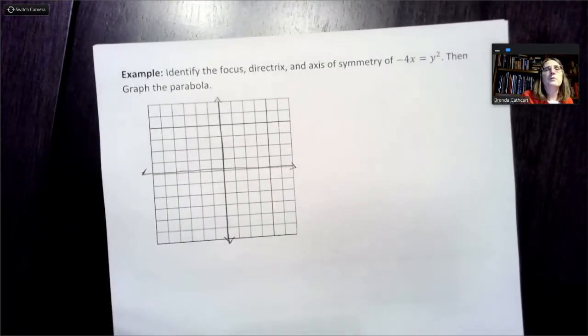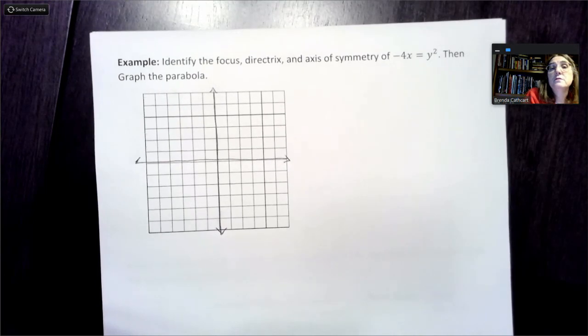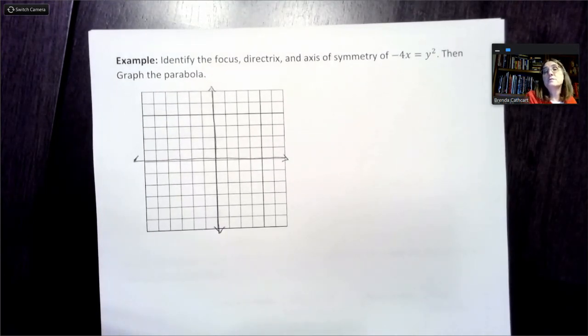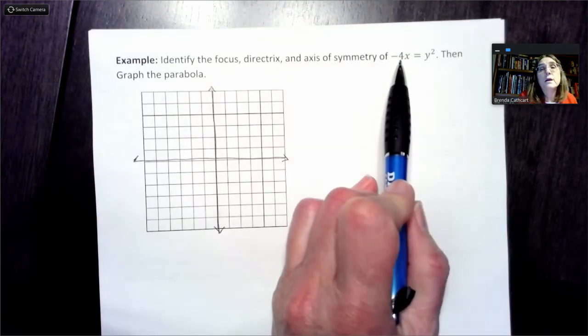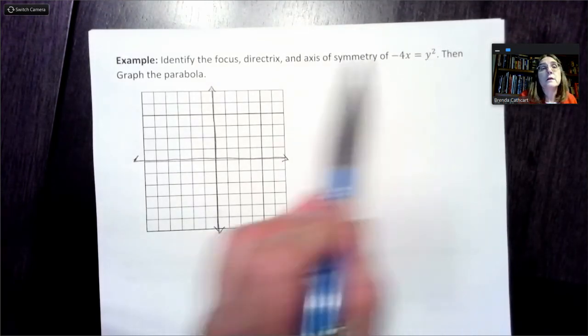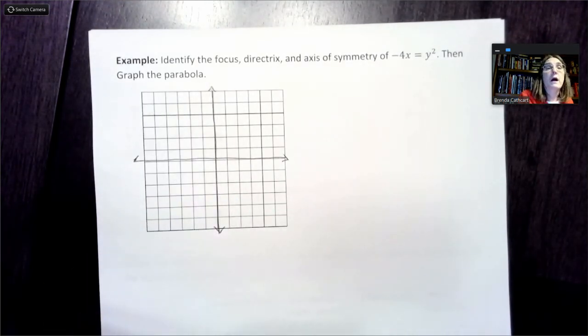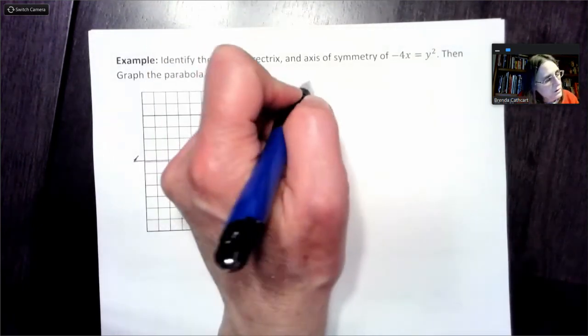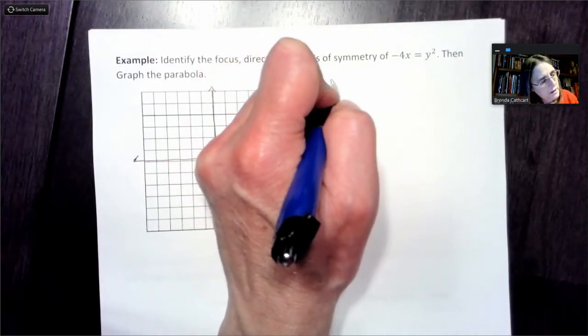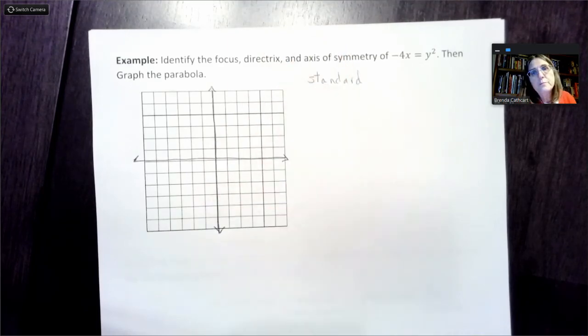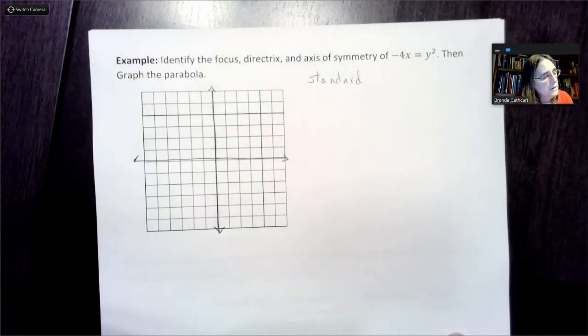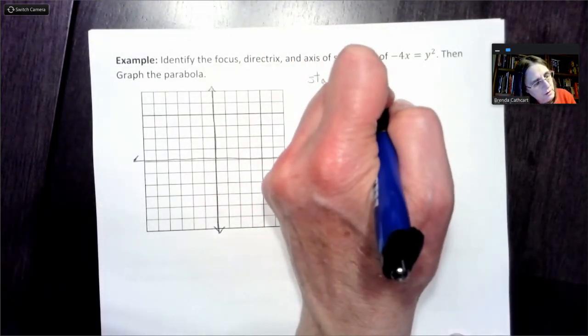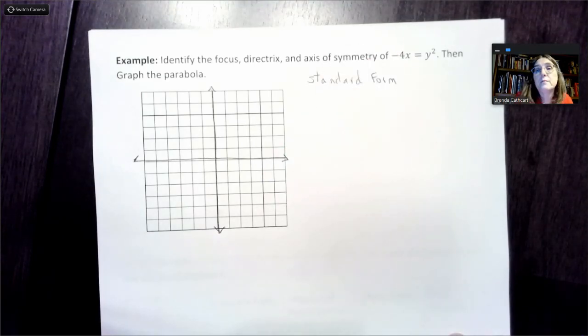In this example, we want to identify the focus, the directrix, and the axis of symmetry of the equation for the parabola negative 4x equals y squared, and then we want to have our graph. The first thing that we want to do is we want to get it in standard form. So standard form in this case is solving the equation for x.